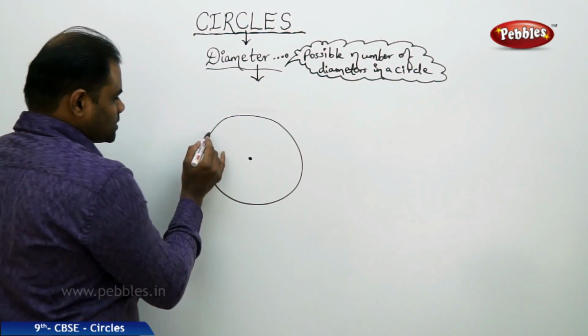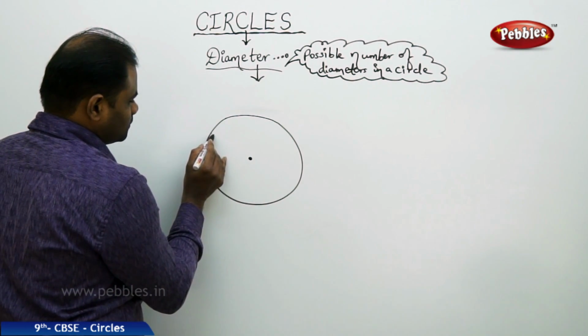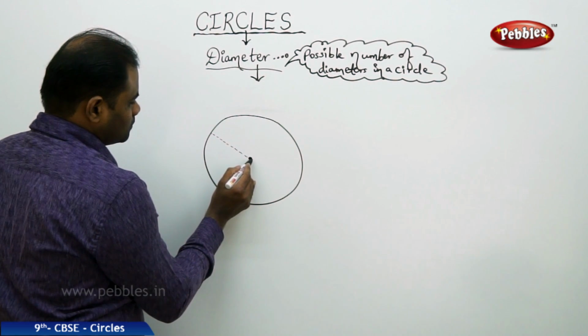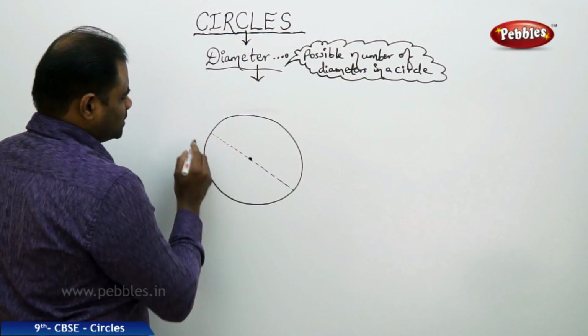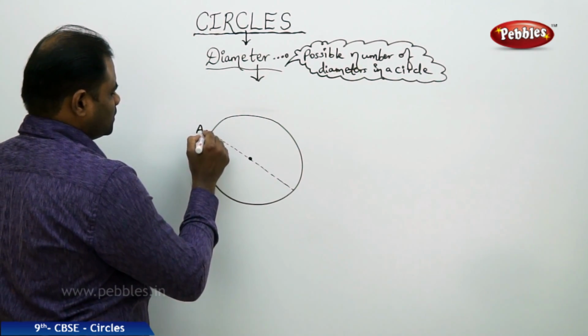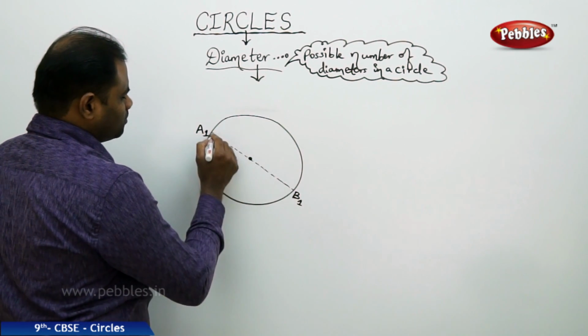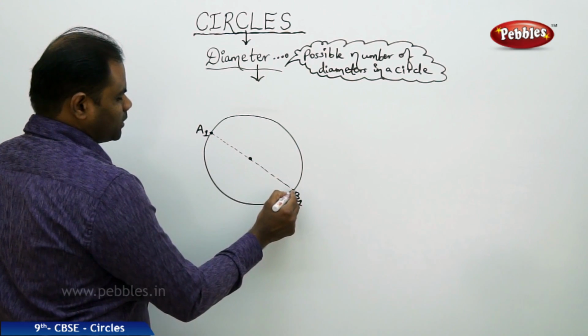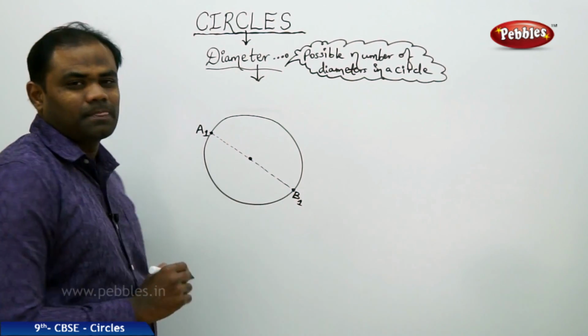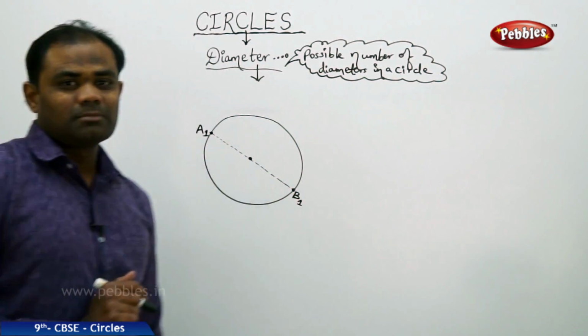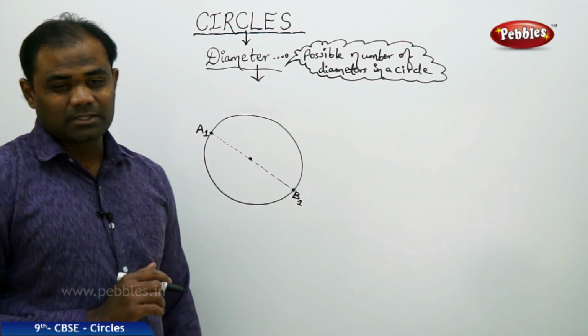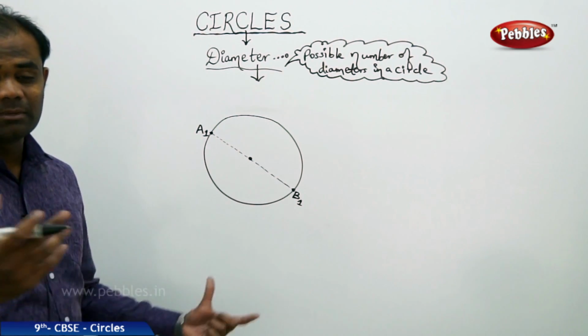So if I start from this direction, I have a chord A1, B1 with a point A1 out here and a point B1 out here in the circle. Similarly, let me take another chord passing through the center in some other direction.